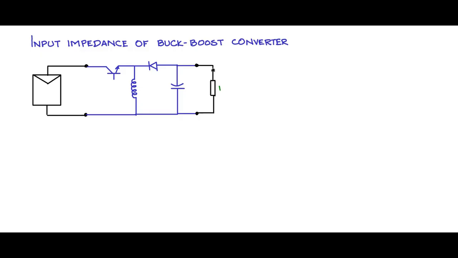So this is R0. In the buck-boost converter, the voltage is reversed. The bottom terminal is positive with respect to the upper terminal, and therefore V0 is positive if measured in this fashion, and I0 flows up as shown here.